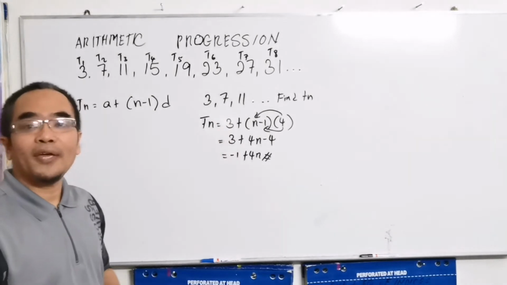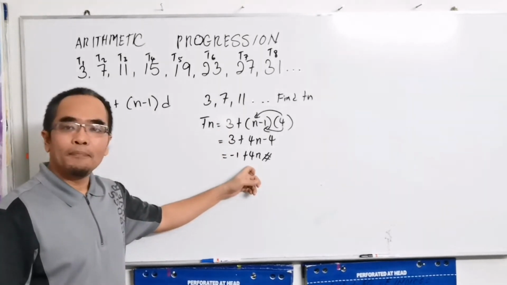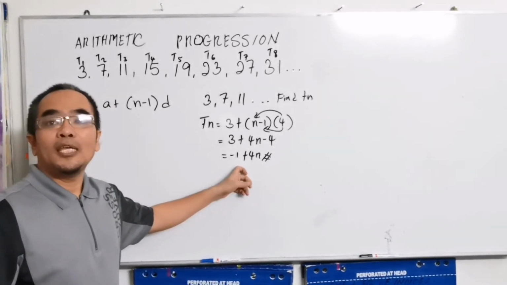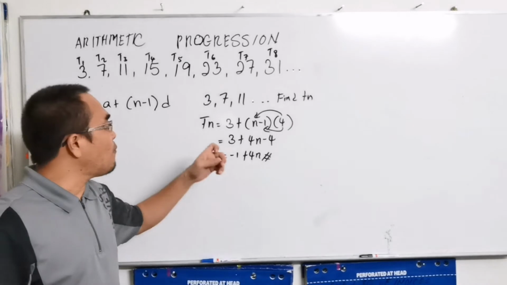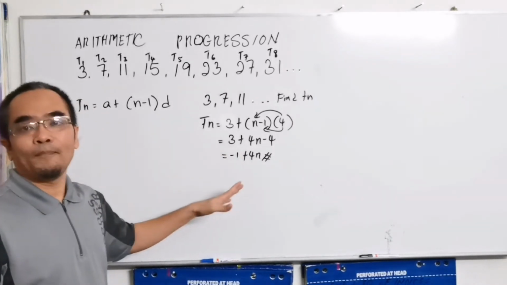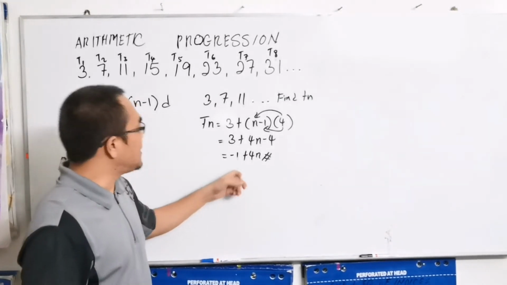So that is the meaning of Tn: replace the value of A and D. Whenever you see an expression given like this, the value of A and the value of D are already included. So what happens if the question is like this?